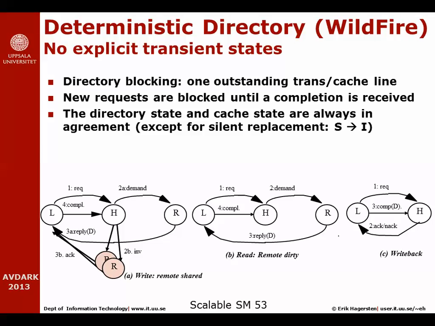So down the road, it's possible that the directory will send an invalidation signal to you, even though you already have this cache line in state invalid. This is not a corner case. You have been told to invalidate something that is already in state invalid, and that can be regarded as a quite normal situation.